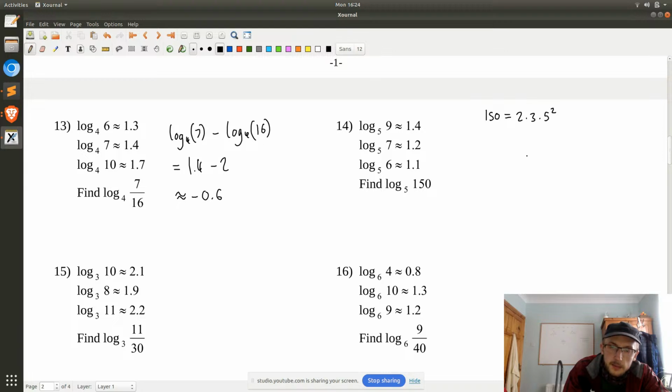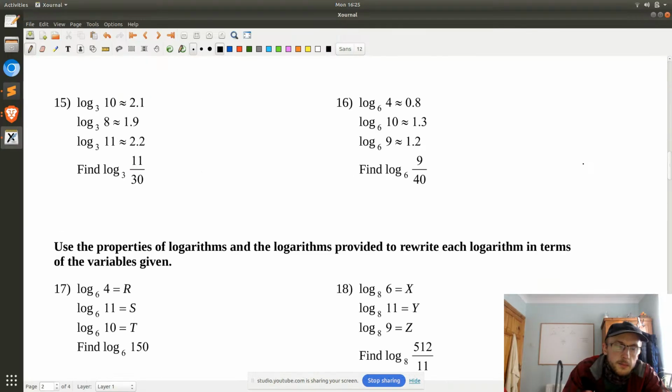Like that. That's fine. That's 6. There.